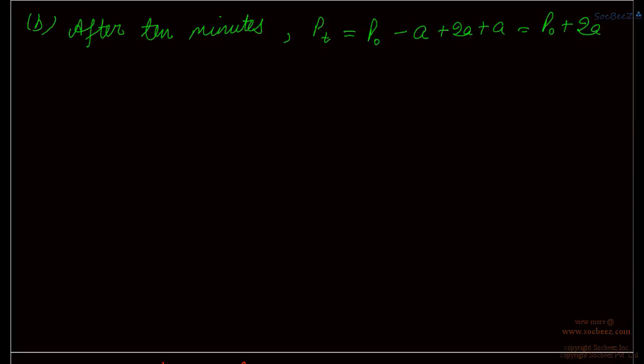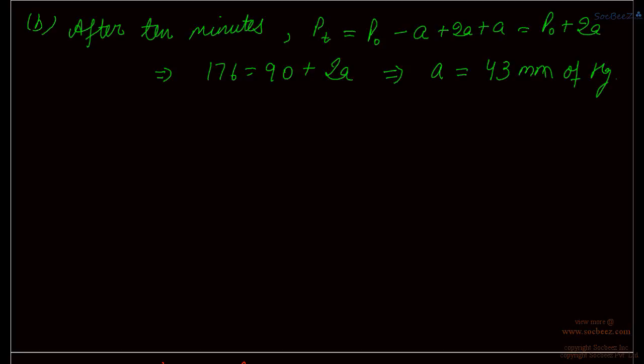So it will be P0 plus 2a. It is given that the pressure after 10 minutes is 176 millimeter of Hg. So 176 equals 90 plus 2a. From here we get the value of a as 43 millimeter Hg.